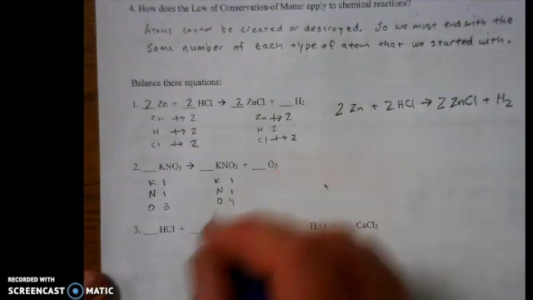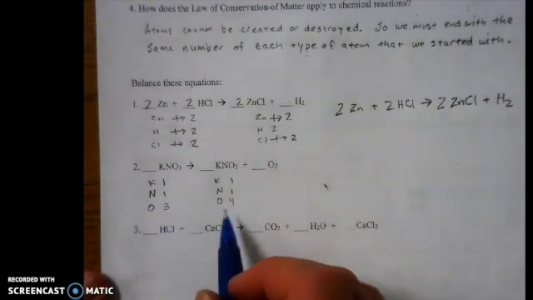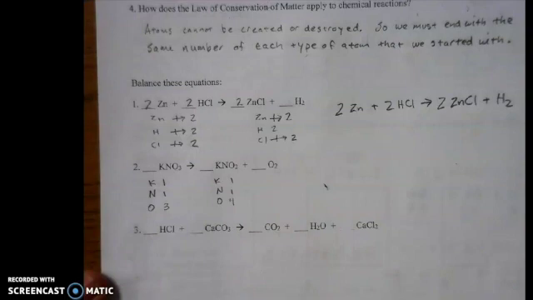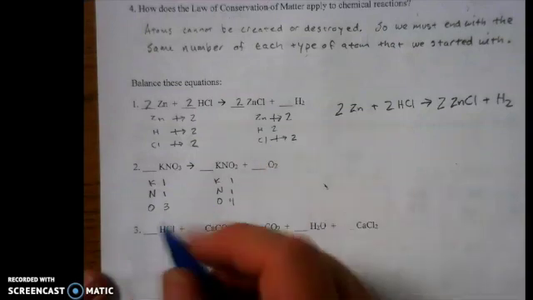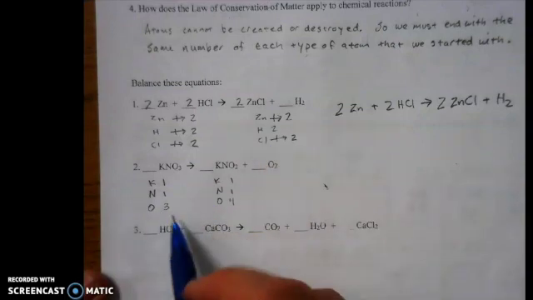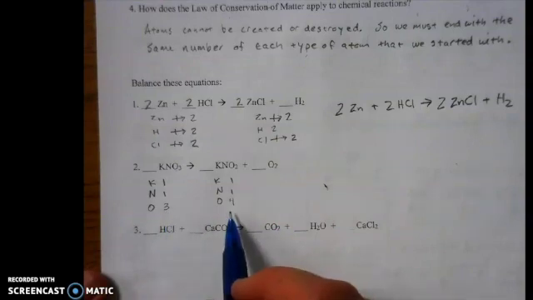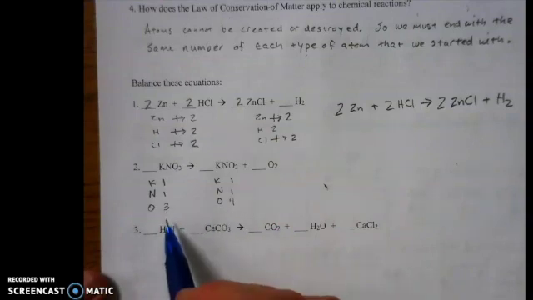So now our oxygens do not match. So first thing we're going to do is, it's hard when we have an odd number and an even number to match them up. So we want to try and turn this into an even number.